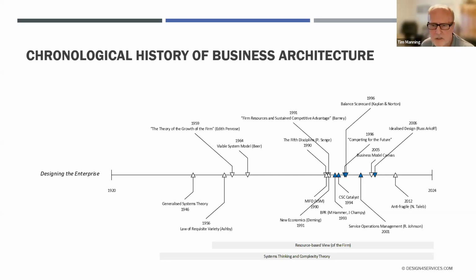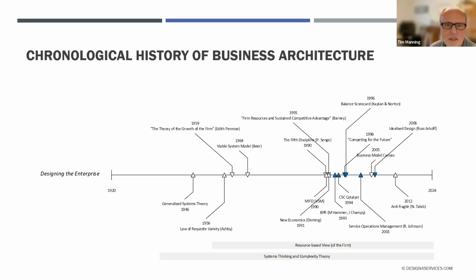And particularly for me, something called CSE Catalyst, which was a business engineering framework, which I used back in the 1990s. And that had an element of systems thinking within it, but it was more around the system dynamics school, as the word engineering would indicate. But basically, that's the chronological order for that strand.